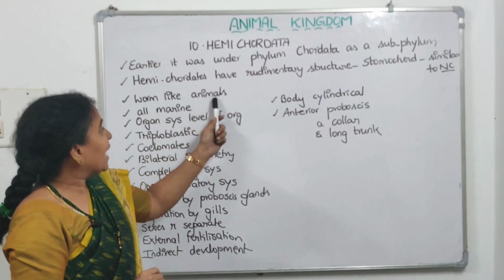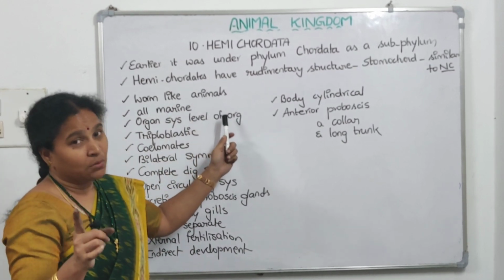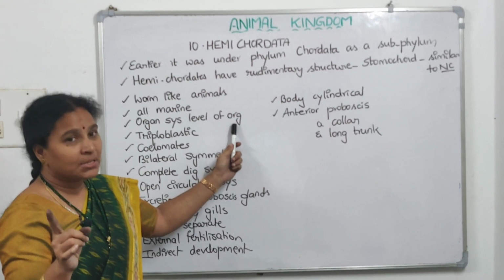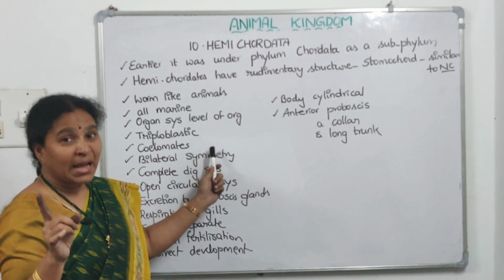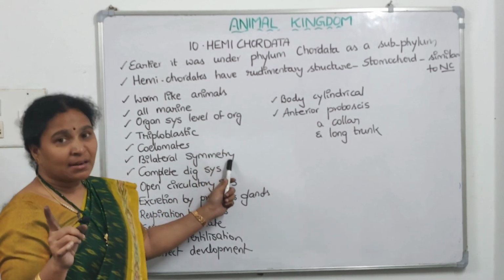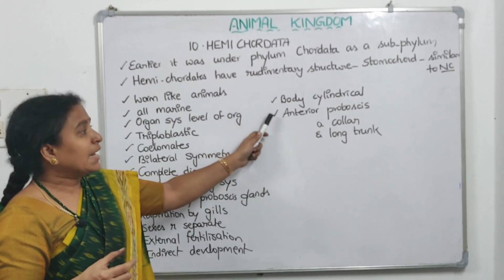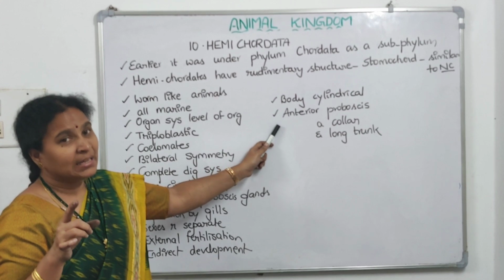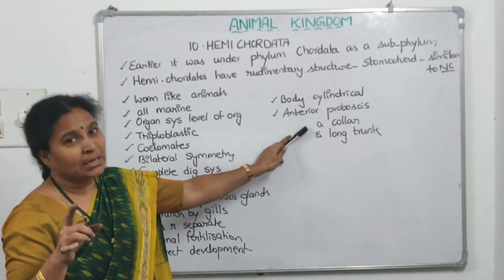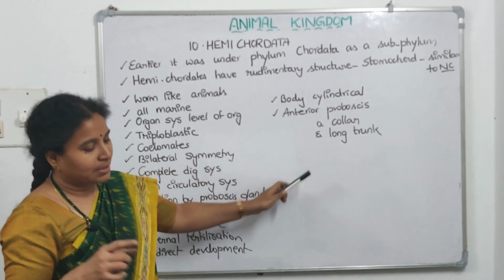These are worm-like animals and they are all marine only. Organ system level of organization, triploblastic. They are true coelomates, bilaterally symmetrical. The body is worm-like, means it is cylindrical. It has an anterior proboscis gland. It contains a middle part called collar and it contains a long trunk, right?